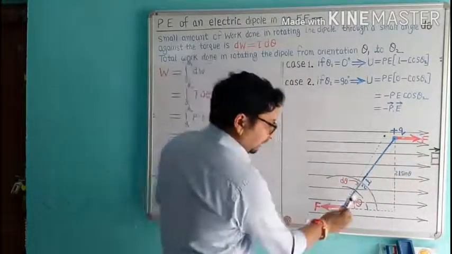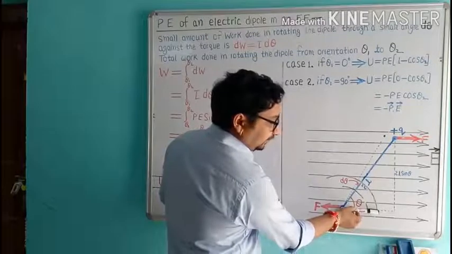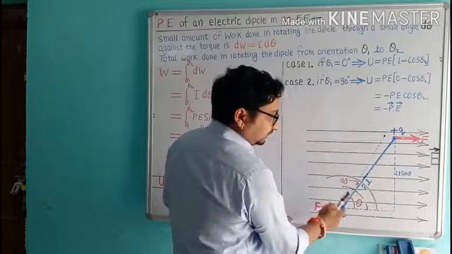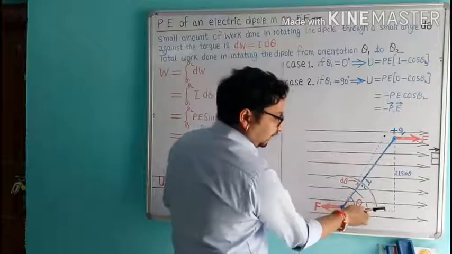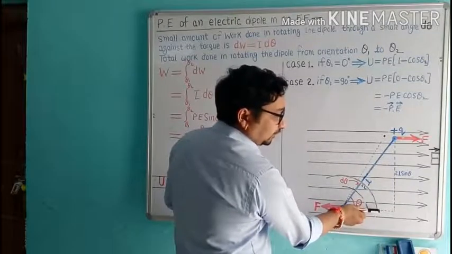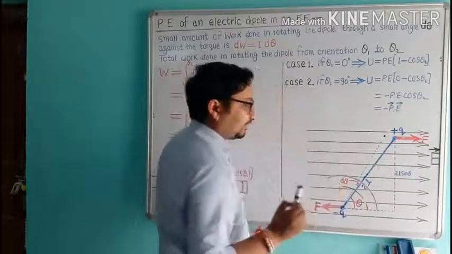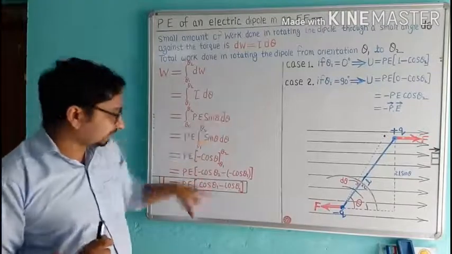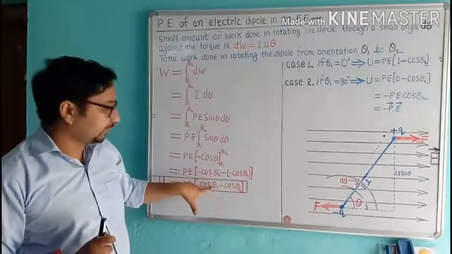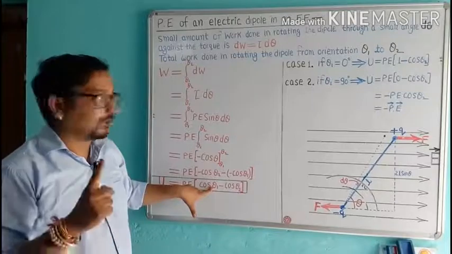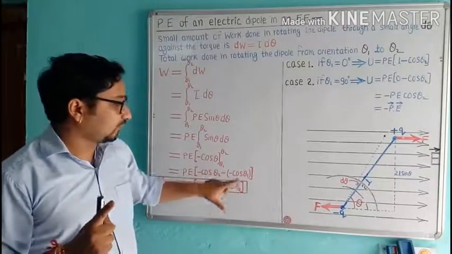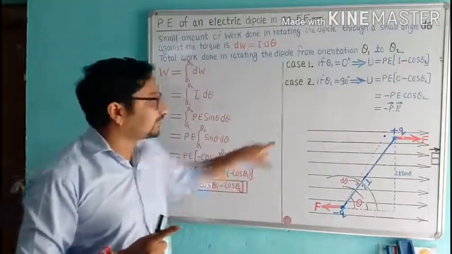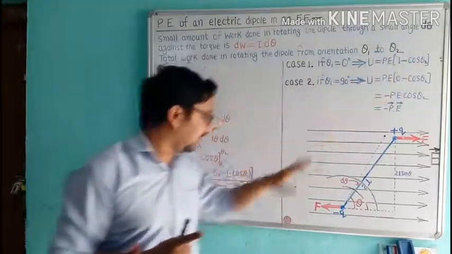Then U is P E (cos 0 minus cos theta 2), and the value of cos 0 is equal to 1, so U is P E (1 minus cos theta 2).